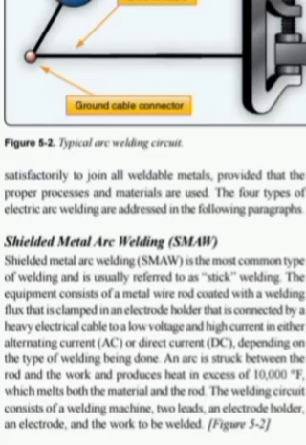Shielded metal arc welding. Shielded metal arc welding is the most common type of welding and is usually referred to as stick welding. The equipment consists of a metal rod coated with a welding flux that is clamped in an electric holder that is connected by a heavy electrical cable to a low voltage and high current, in either alternating or direct current, depending on the type of welding being done.